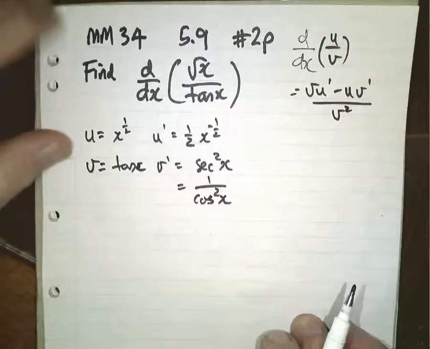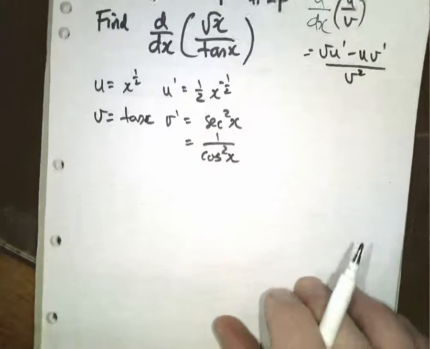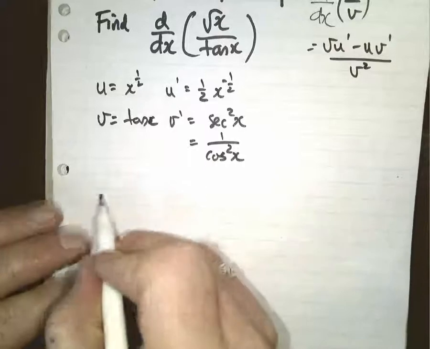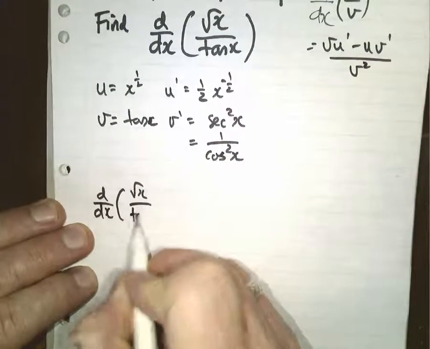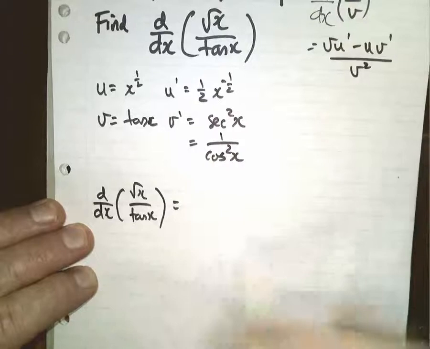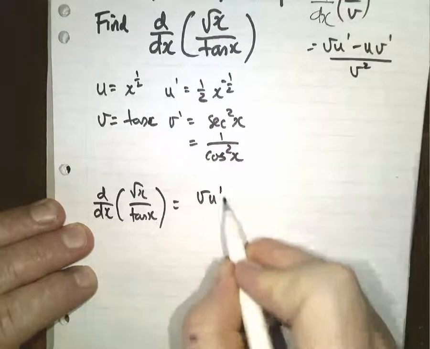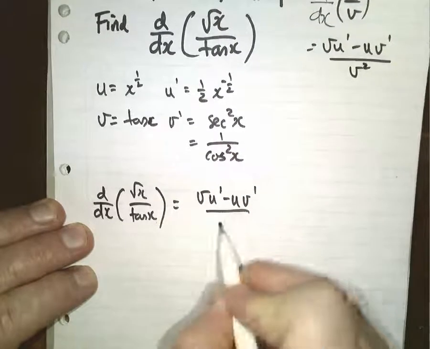Okay, so putting that together then, d/dx of the square root of x on tan of x will equal v u dash minus u v dash, all on v squared.